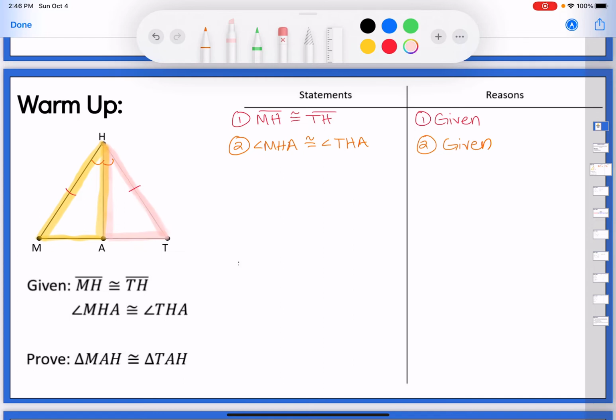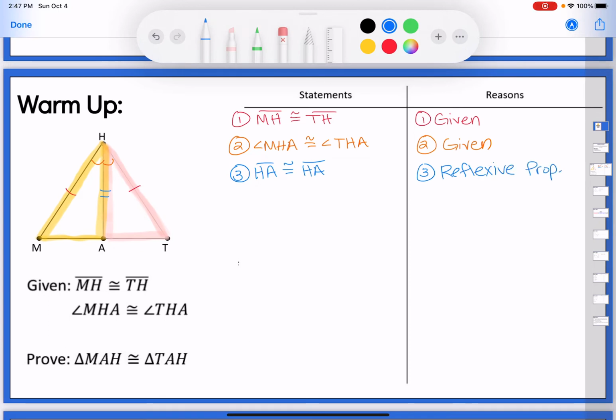I had an angle that was already marked congruent. And then I have this side in between the two triangles that overlapped colors, right? It was used in both triangles, and we learned yesterday that this was called the reflexive property, right? So segment HA is congruent to segment HA, and that was by the reflexive property.